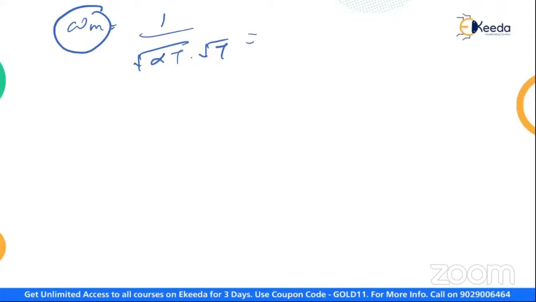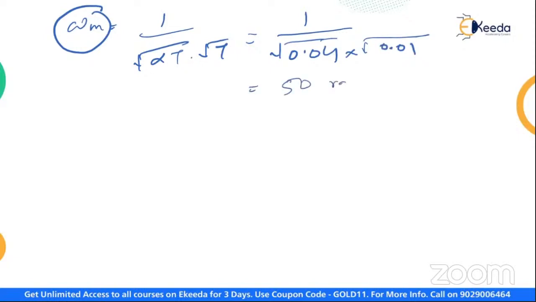So 1 upon under root of 0.04 multiplied by under root of 0.01, which is equal to how much, sir? 50 radians per second. Is it right? Please tell me, yes or no? Yes, correct.